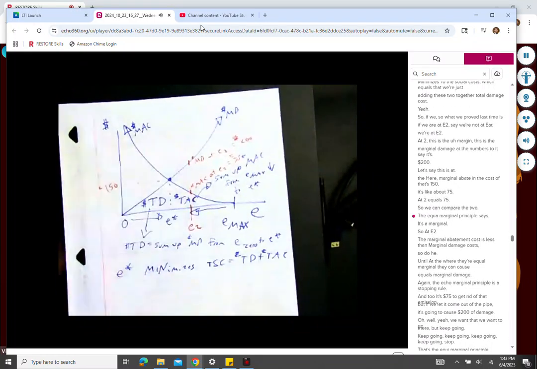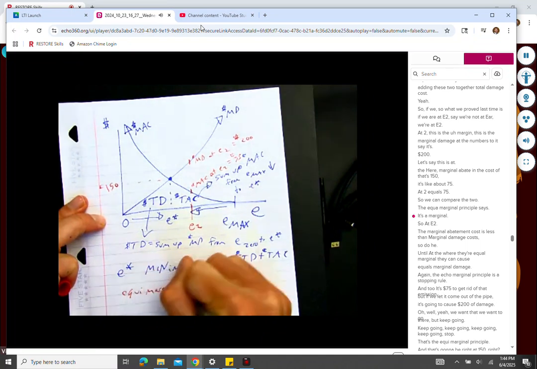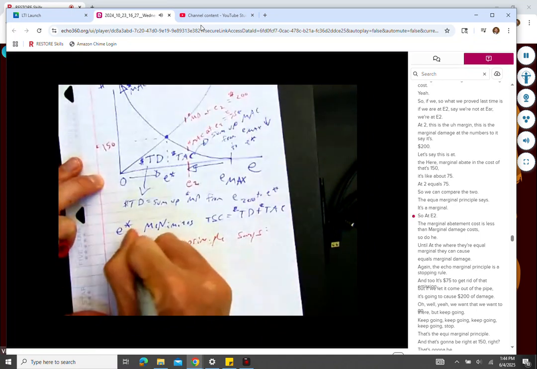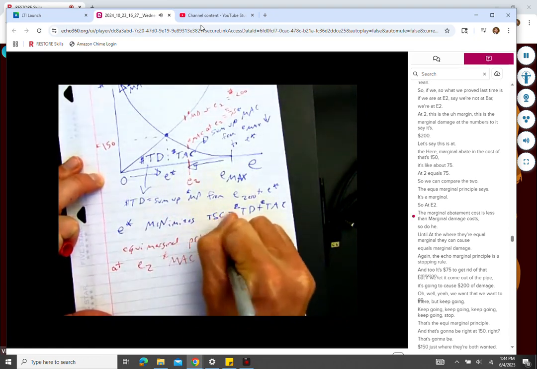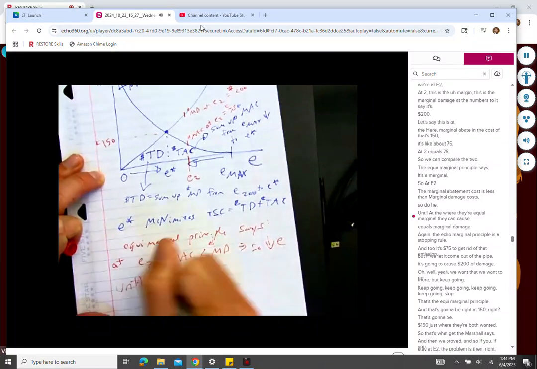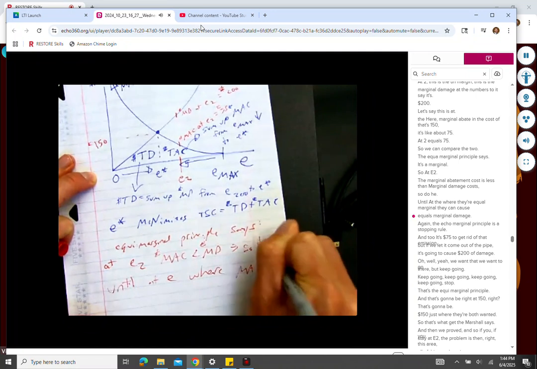So we can compare the two. The equimarginal principle says at E2, the marginal abatement cost is less than the marginal damage cost, so reduce E until where they're equal: marginal abatement cost equals marginal damage.